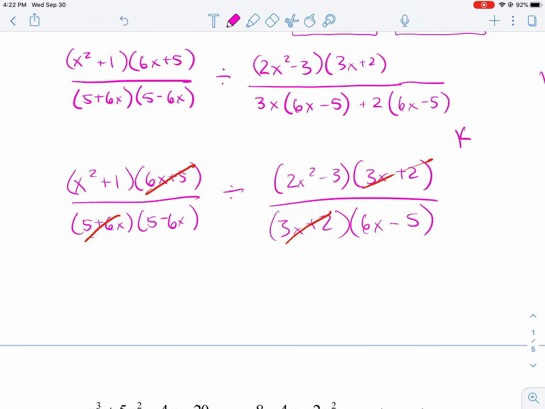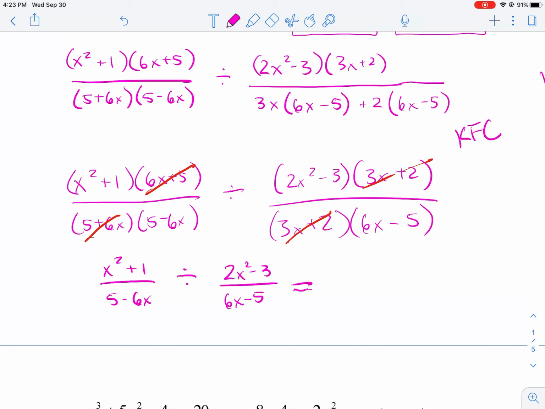So KFC. Let's first write down what we have left: 5 minus 6x, all divided by 2x minus 3, or 2x squared minus 3, and 6x minus 5. Now, keep, flip, change.